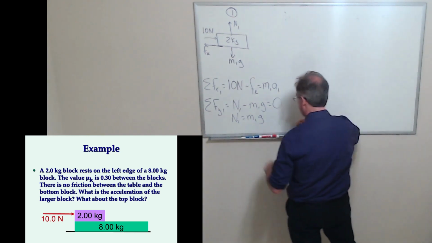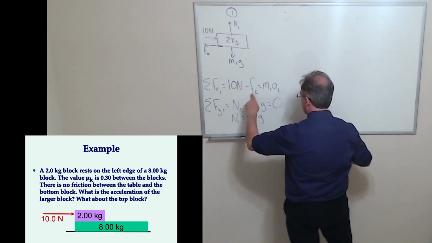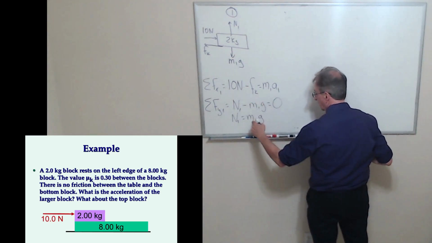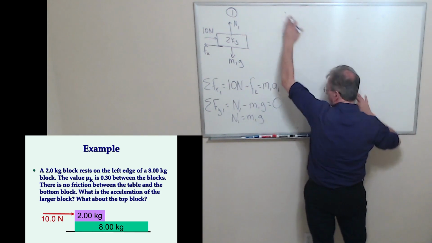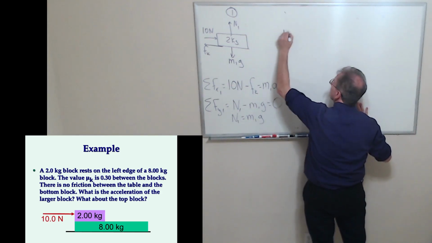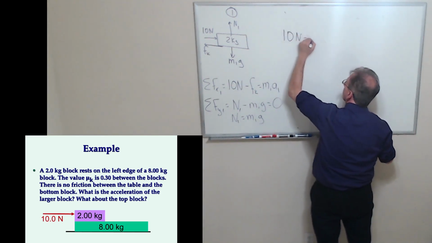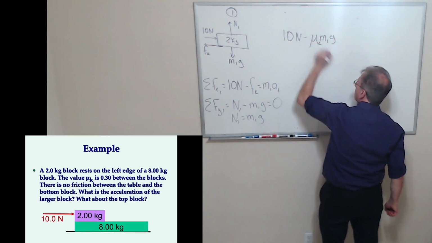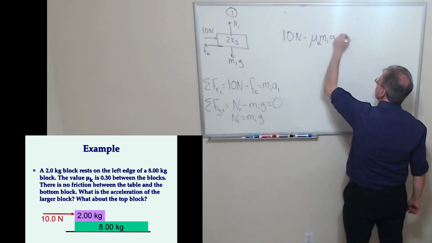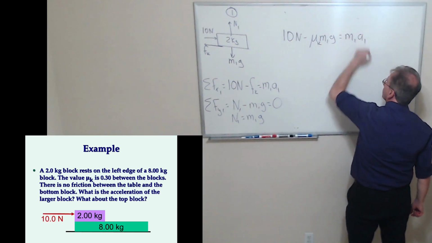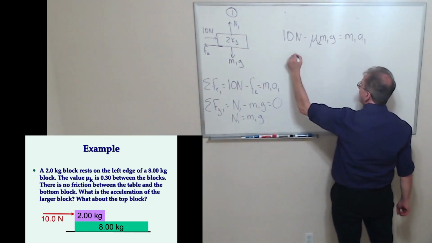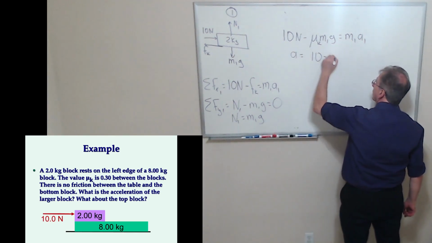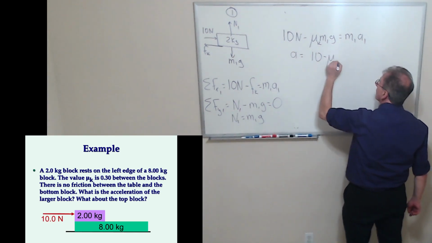All right, so we can substitute into here our mu times the normal force. And then we can solve for a1 by dividing both sides by m1.